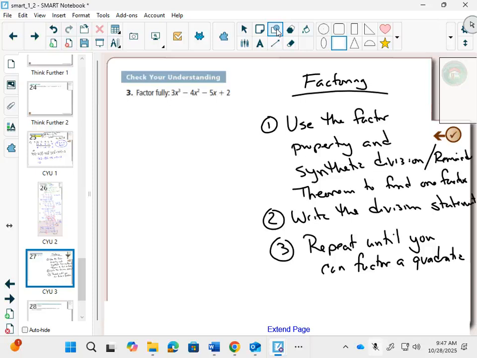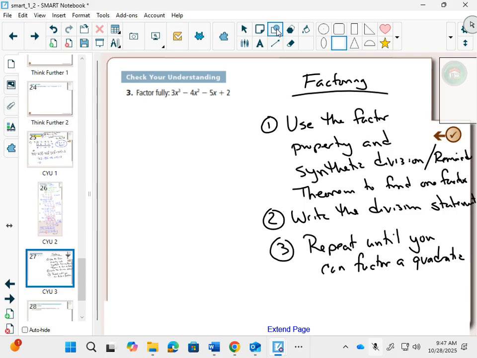If you had an x to the 5 and you found one factor, your division statement would have an x to the 4. And then you would have to repeat steps 1 and 2 to factor that. And then once you found another factor of that x to the 4, now you'd have two factors, and you'd have an x to the 3. So you keep going until you get a quadratic.